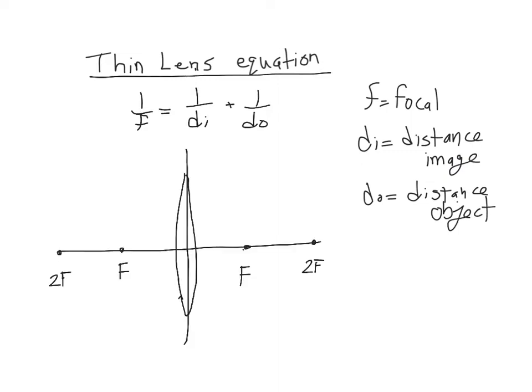So what I've done here is I have drawn my basic lens ray diagram starting point, and I have a converging lens. So I'm gonna stick in an object. You know what? We'll put the object right there.